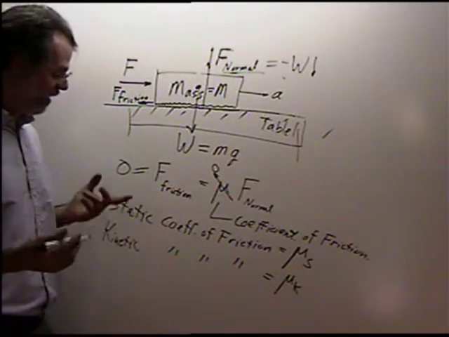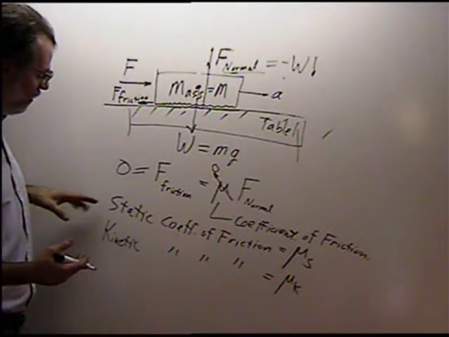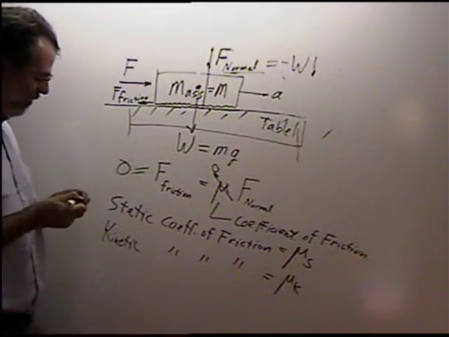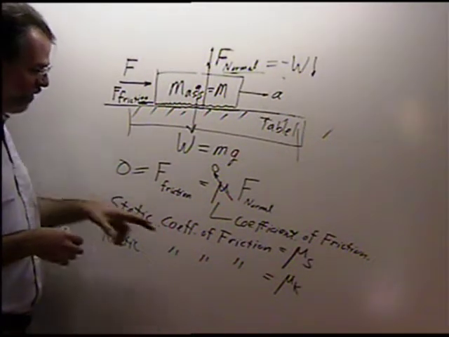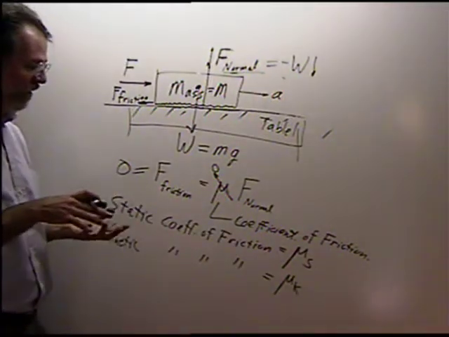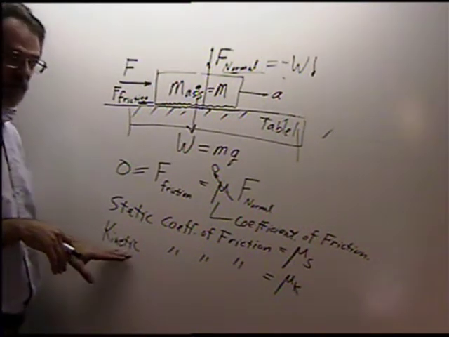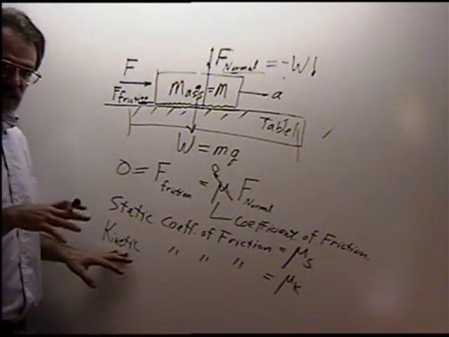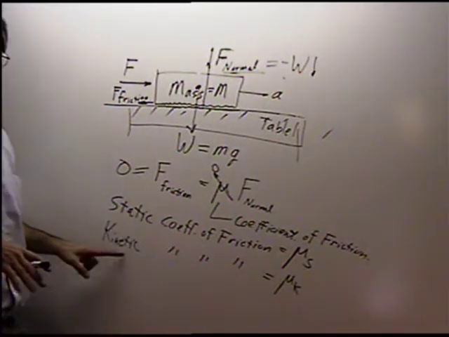What's the difference between these two? The difference is that when an object is not moving, the coefficient of friction we use is the static one. It's in a static condition, and it has a certain friction coefficient. Once the object gets moving, though, the friction oftentimes gets less, and we switch from the static coefficient to the kinetic coefficient.